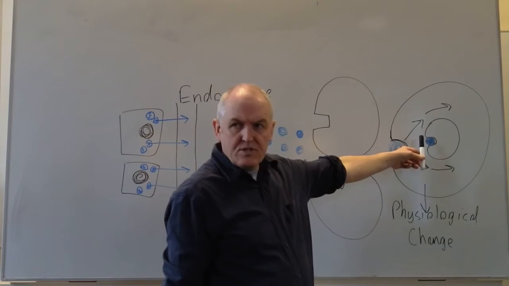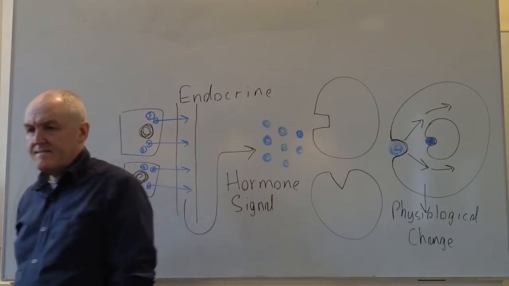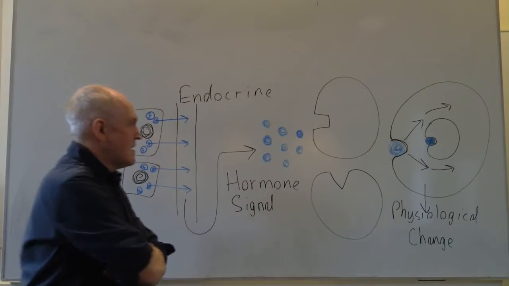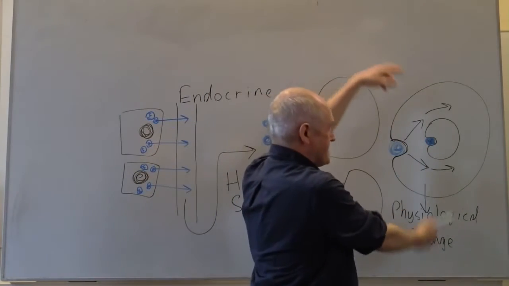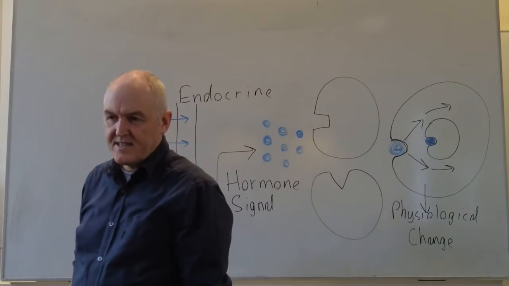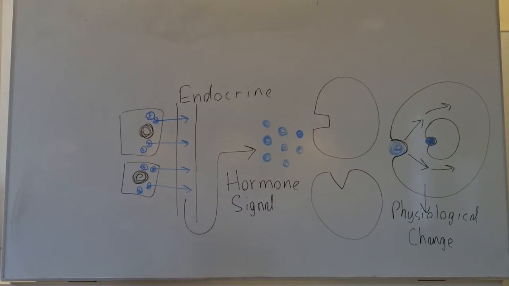And the change that is brought about inside the cell would be the secondary messenger system. So we have two messenger systems coordinating physiological change inside the cell. And of course this can affect millions, billions of cells all at the same time, bringing about coordinated activity. That's basically how endocrine hormones work.